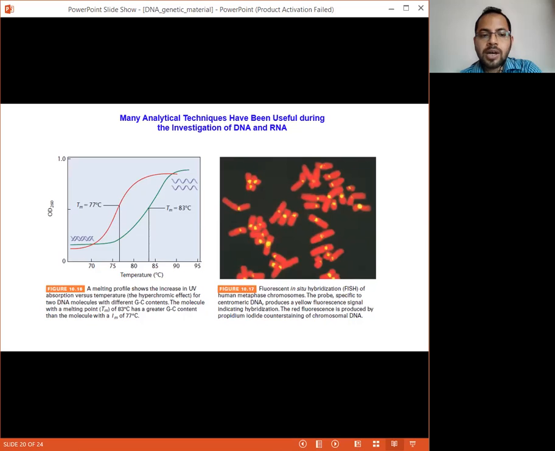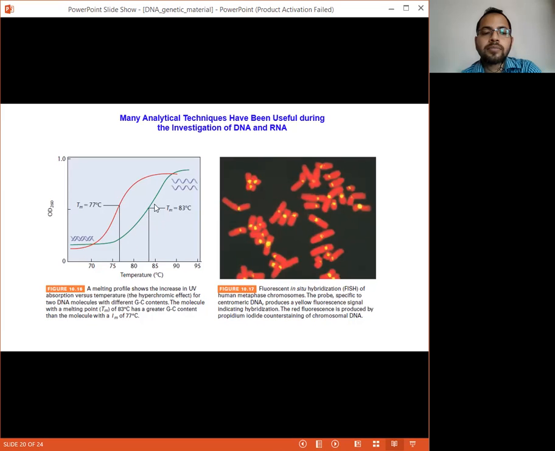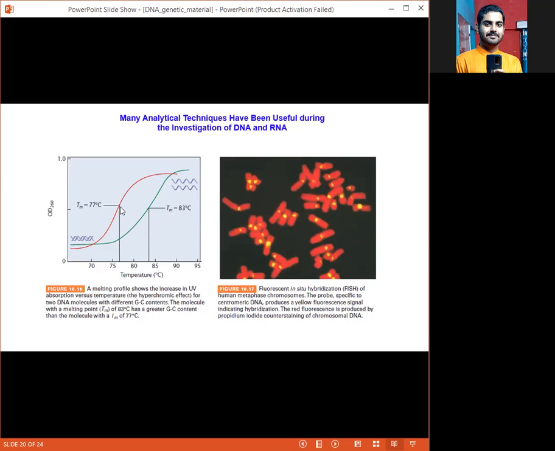From this kind of graph, you can directly conclude which DNA has more GC content. Yes, sir. Can you say whether this is having more GC or this is having more GC? So the one with 83 degrees Celsius has more GC content.